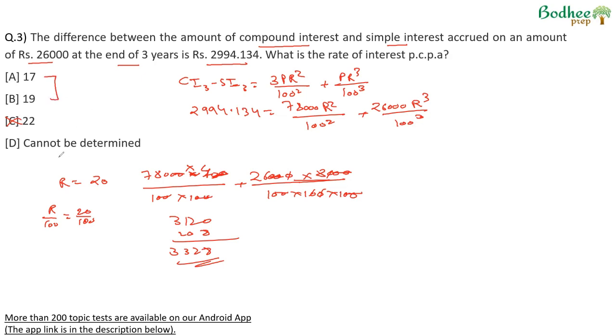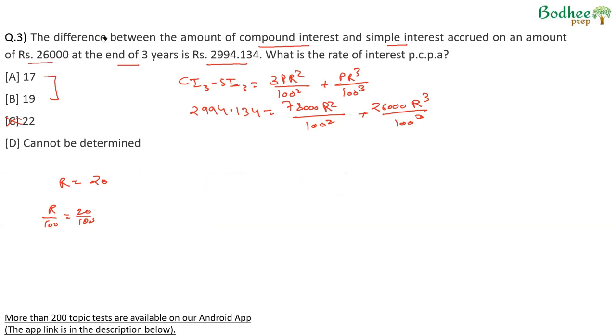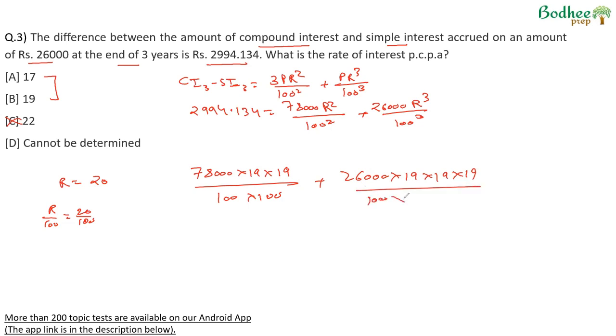At this point, the only option that I can think of is substituting 19 and checking the unit digit. If we put 19 here, right hand side will get 78,000 into 19 into 19 upon 100 into 100 plus 26,000 into 19 into 19 into 19 upon 100 into 100 into 100.